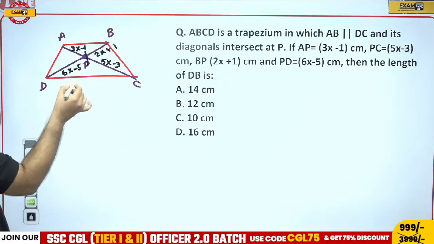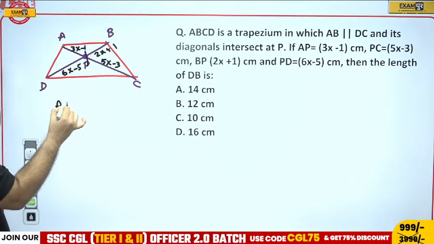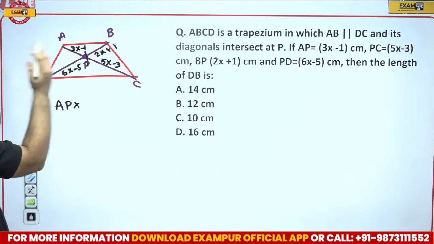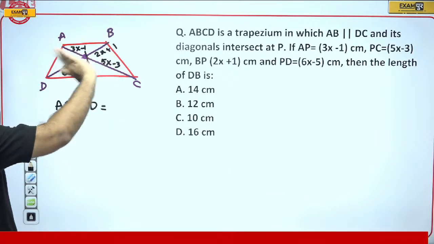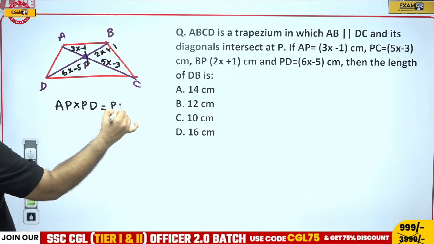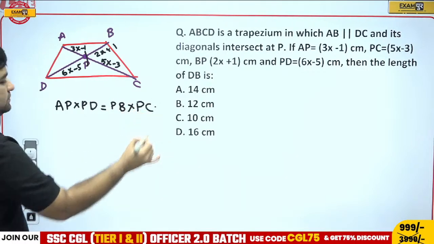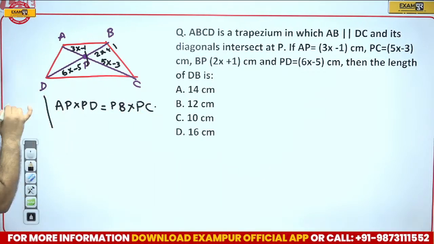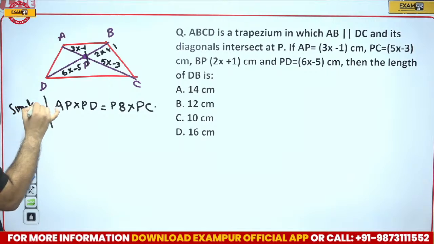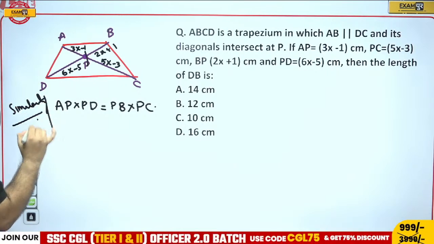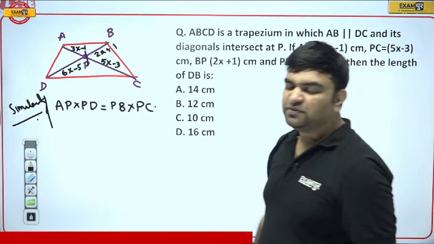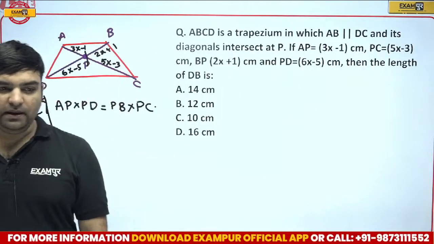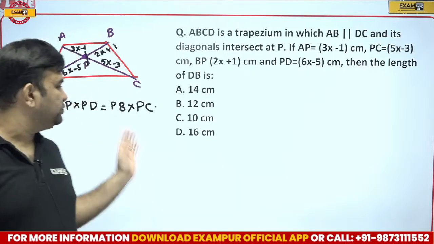In this scenario, you should always remember that the product of these sides AP into PD should be equal to the product of those sides, that is PB into PC. This relation comes from similarity.